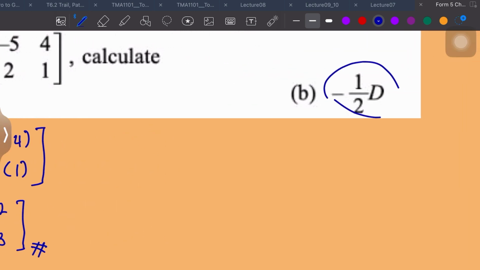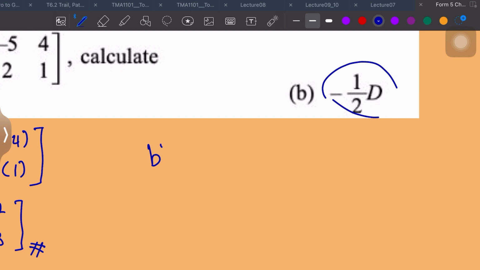Move on. Question B. What is the scalar, guys? The scalar is negative 1 per 2. That is the scalar. What is the matrix?